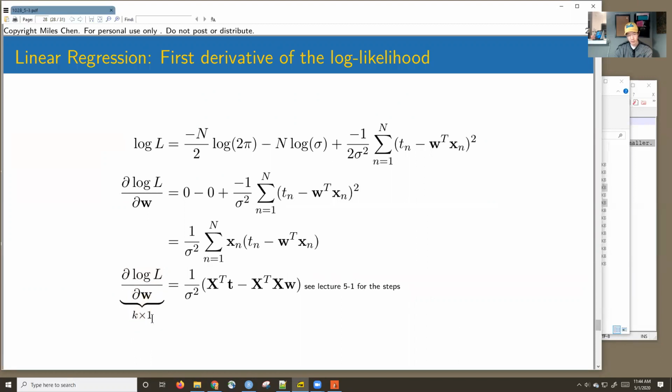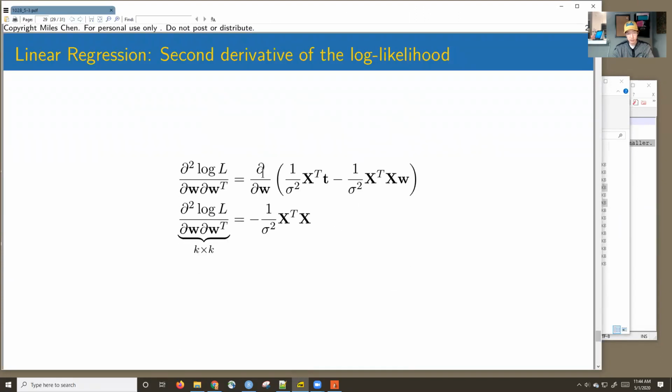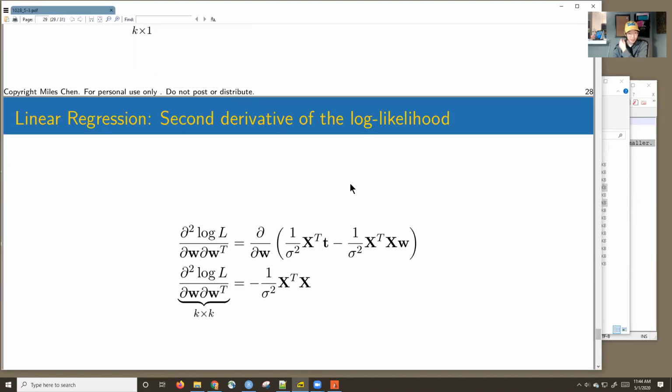That's going to give us a k by 1 vector here. I've got the derivative of this, and that's going to give me this. Now I want to take the second derivative, so basically I'm taking the gradient of this thing.